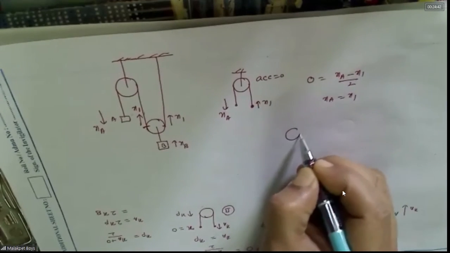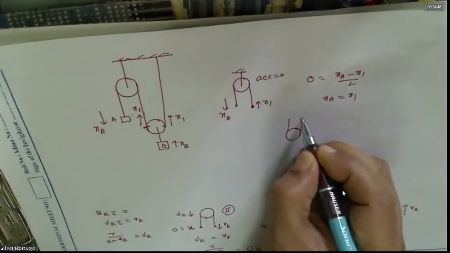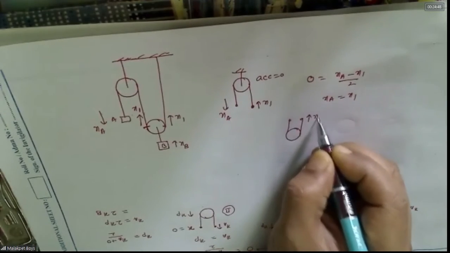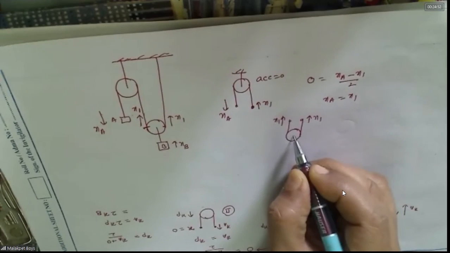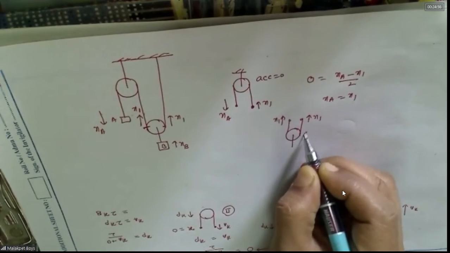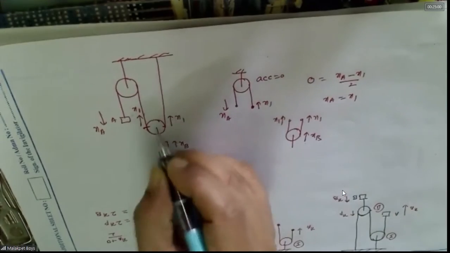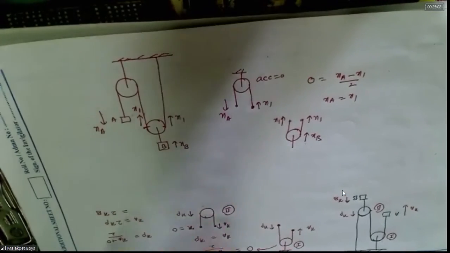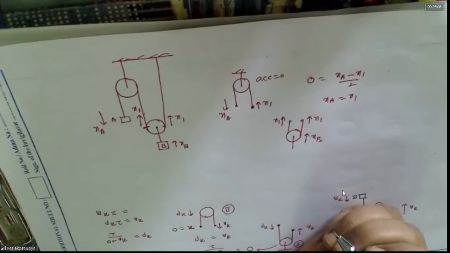Now come back to this movable pulley. This is having x1. This is having x1. Okay. This pulley, whatever it is, moves with the same distance now. These two, this moves, this will also move like this. Do you agree with this?